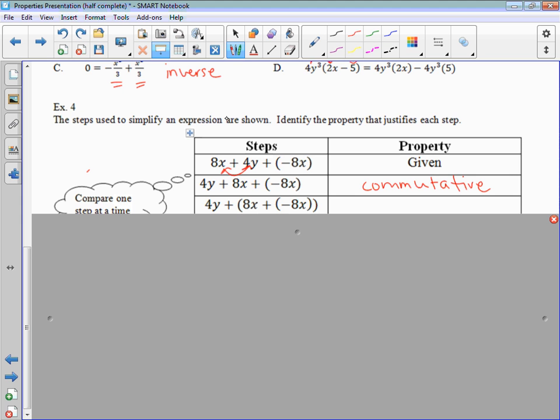Just the parentheses, right? You can change the parentheses, right? There's no parentheses here, and then they added parentheses there, they changed the groups. So that's the associative. That was tricky.